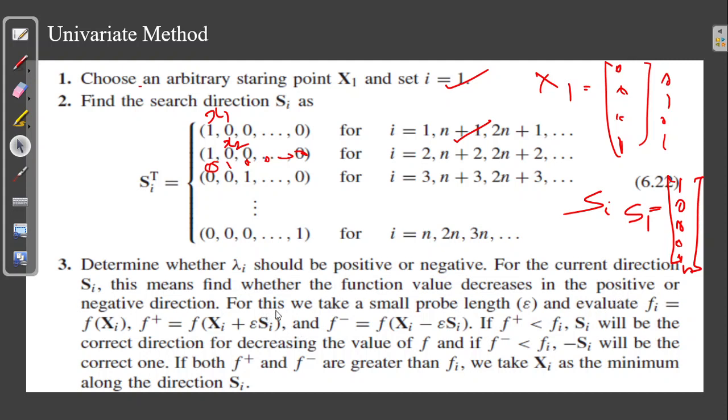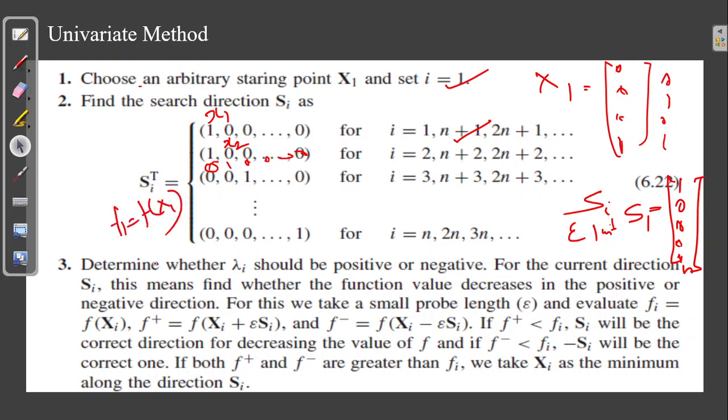For this we take a small epsilon, a small problem having 1 unit length, and we will evaluate f1 equal to f of x1.